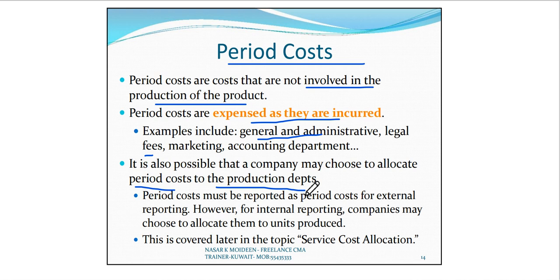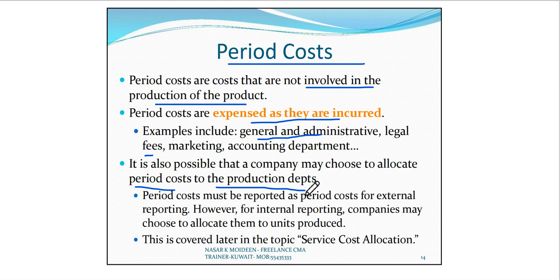I have marketing cost, I have selling cost, I have administrative cost like accounting, HR, legal, IT, all the costs are there. So internally, for management purposes, they want to know how much total cost is incurred to make and sell this product.